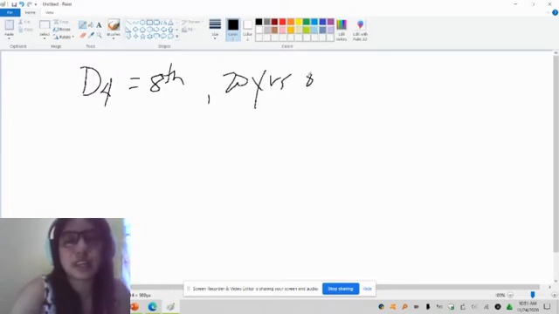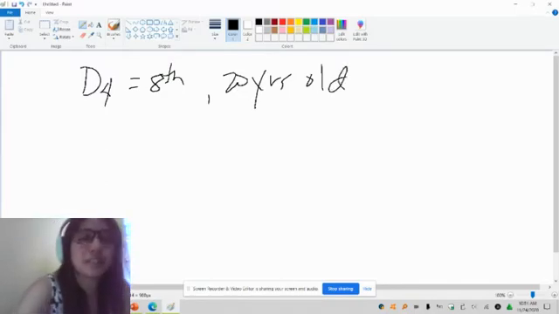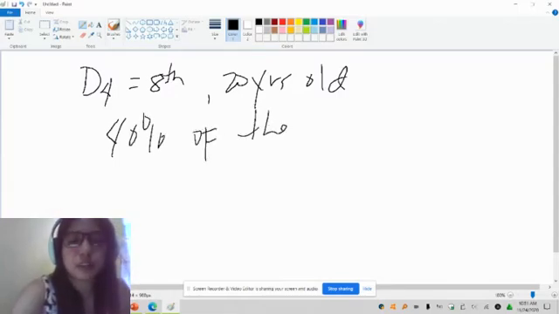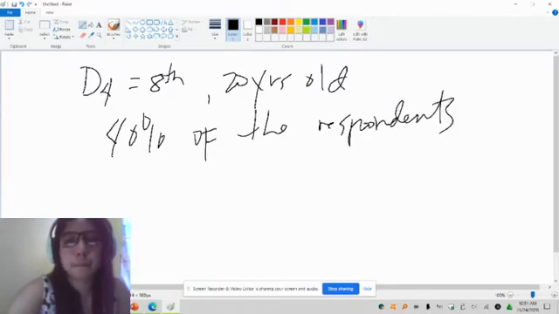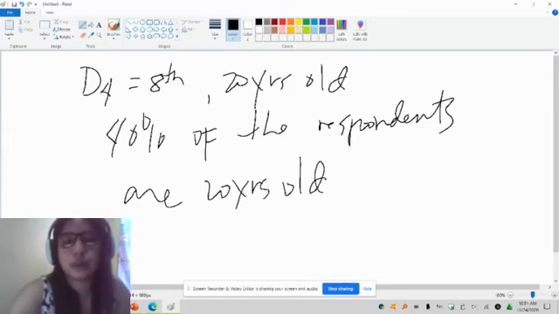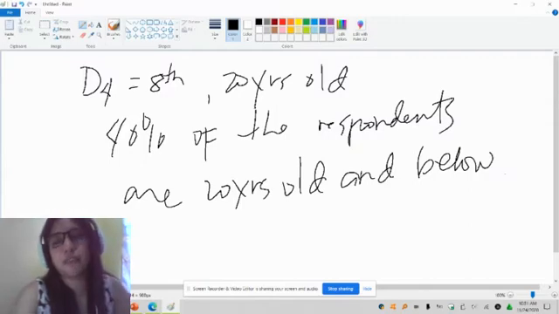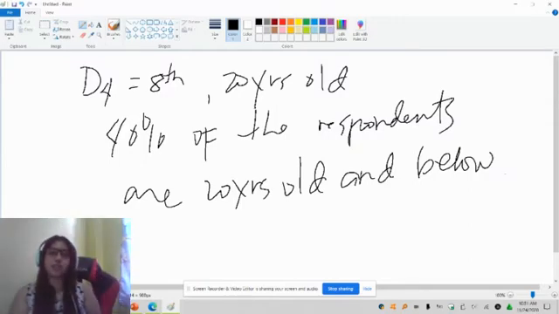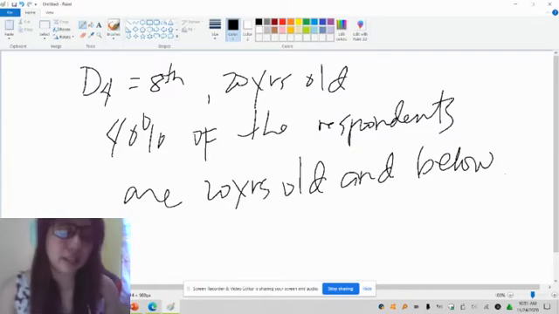This is just an example. To interpret, this simply means that 40% of the respondents are 20 years old and below. So it is safe to state that, just in case you do not have the available data set.